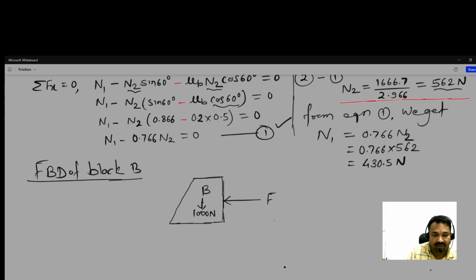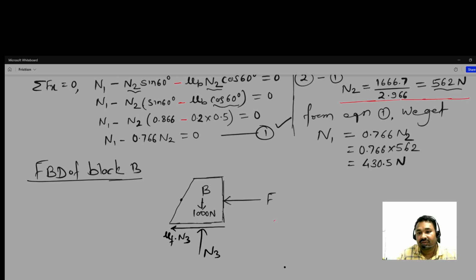It is this one. And what about this one? Let us take it as N3, and this is then the floor friction mu F N3.